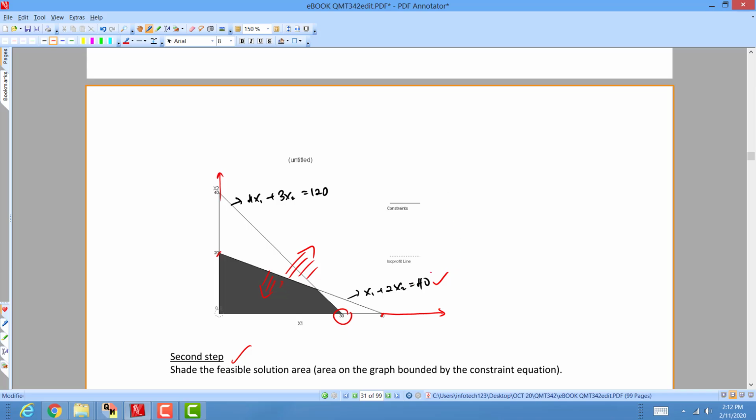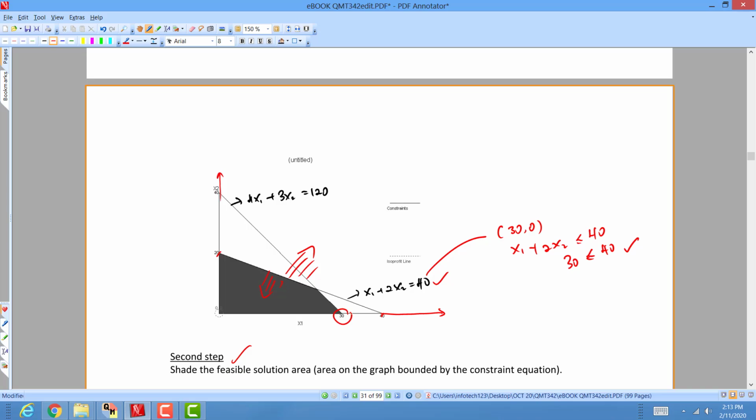Substituting into x1 plus 2x2 less than or equal to 40, 30 plus 2 times 0, we get 30 less than or equal to 40. Right? So this is true, so we have to shade downward here.